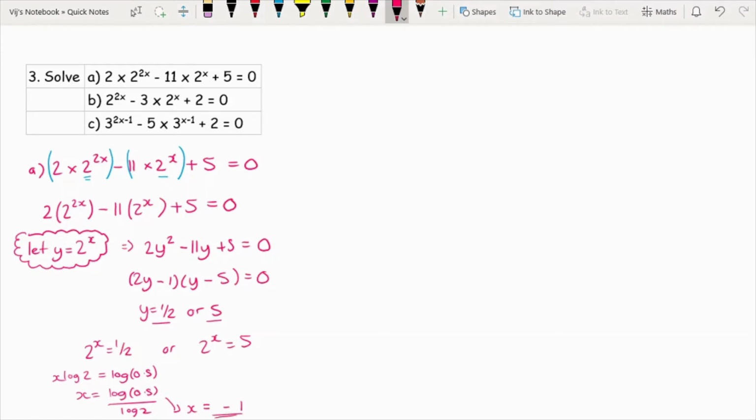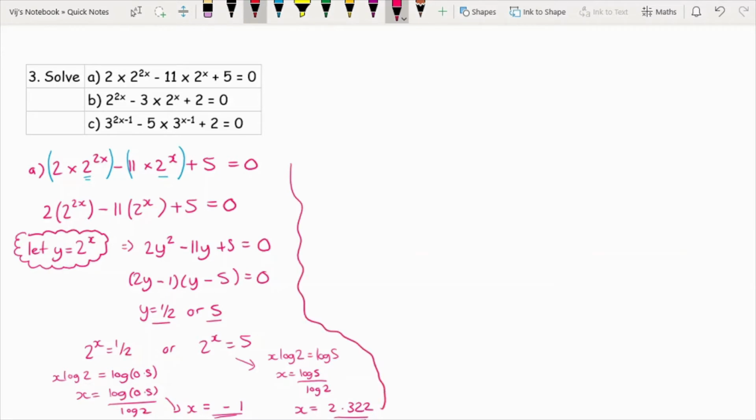In this situation, I've got x log 2 equals log 5, so x equals log 5 over log 2, in which I get an x value of 2.322 to 3 decimal places.